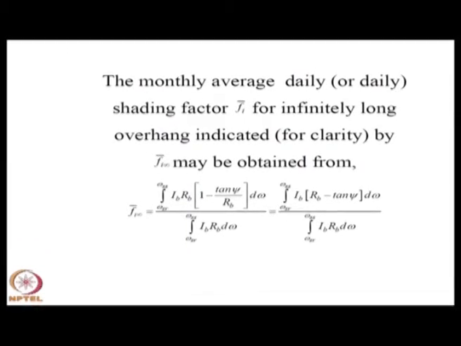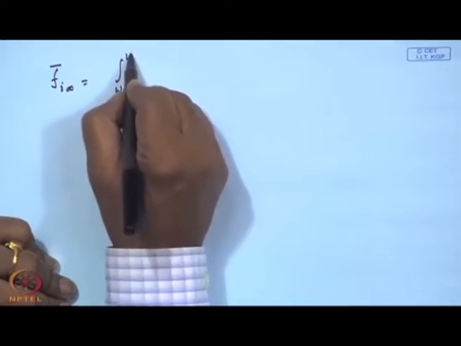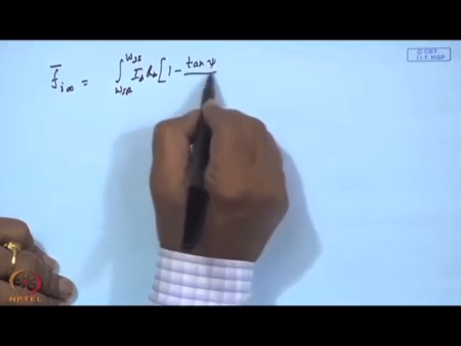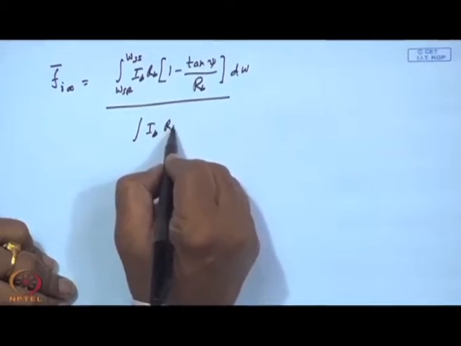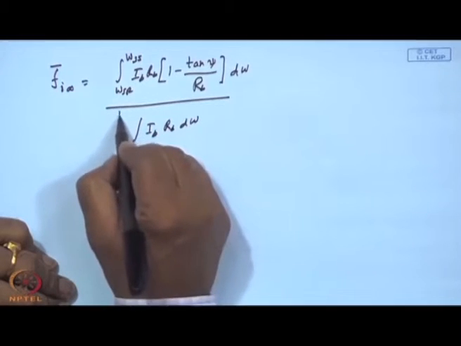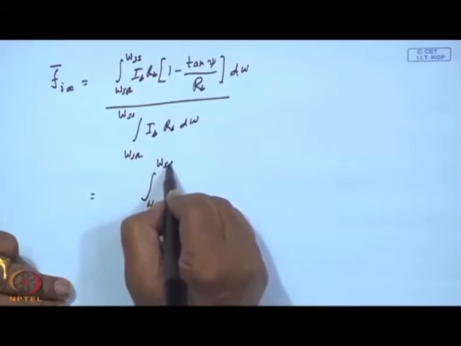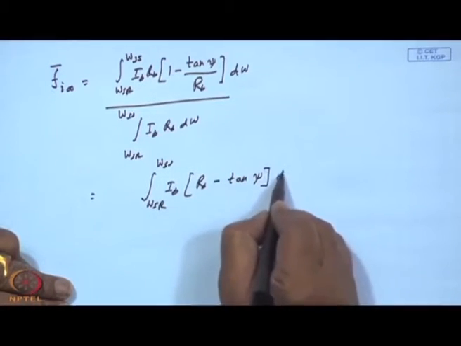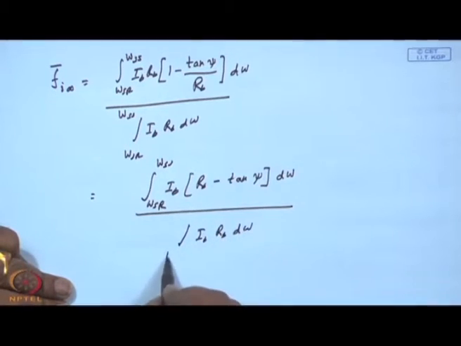So, to indicate that it is for an infinitely long overhang, we write F_i bar infinity equal to the integral from omega_sr to omega_ss of I_B R_B times F_i, that is 1 minus tan psi by R_B, d omega, upon the total radiation, the integral of I_B R_B d omega from omega_sr to omega_ss, which shall be the integral of I_B times (R_B minus tan psi) d omega by the integral of I_B R_B d omega in the limits omega_sr to omega_ss.